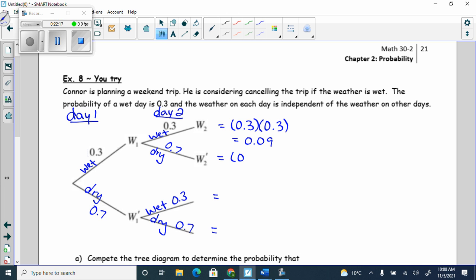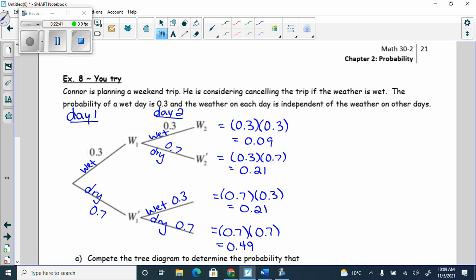Or we go 0.3 times 0.7, or we go 0.7 times 0.3, and because multiplication is commutative, same answer. Or 0.7 times 0.7. What should those all add up to? 1, right? If you have every single probability you possibly could have, it should add up to 1.